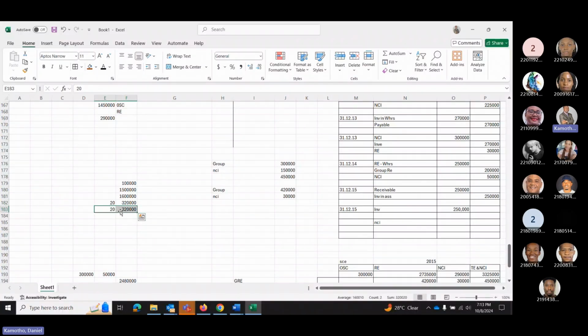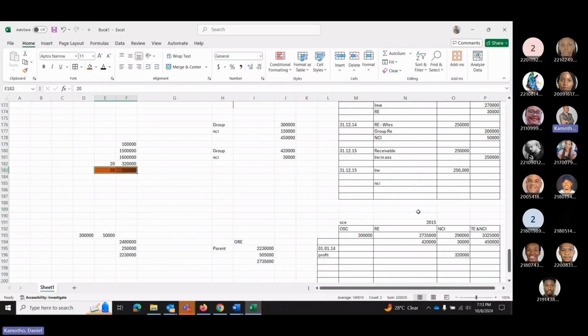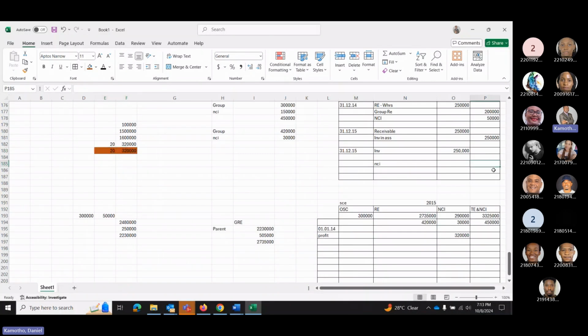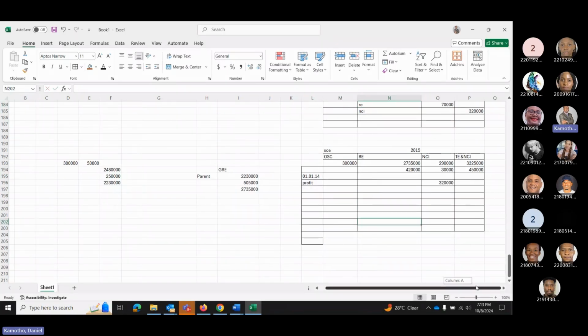So this is the journal, the recognition that we are going to increase NCI with the amount of 20%, which is 320,000. Again, there is a difference of 70,000. What do we do with this difference? We are going to take it to retained earning. If we reflect that movement, we are going to show movement in reserve. So we are going to increase NCI.